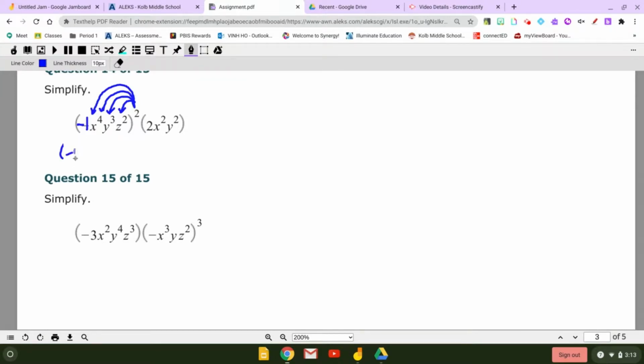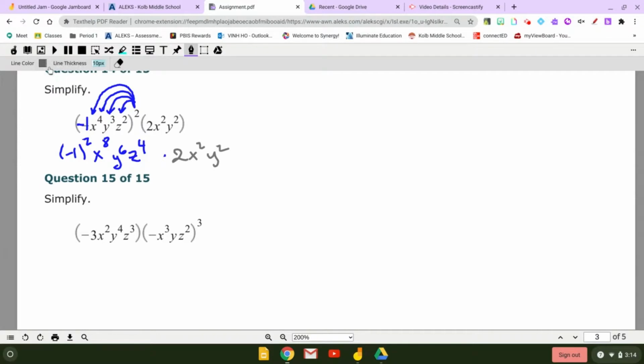So that will be negative 1 to the second power, x to the 8th, y to the 6th, and z to the 4, because 4 times 2 is 8, 3 times 2 is 6, and 2 times 2 is 4. The second parenthesis doesn't have any power outside, so we can go ahead and just rewrite it, times 2x squared y to the second power, and we're going to deal with them later.